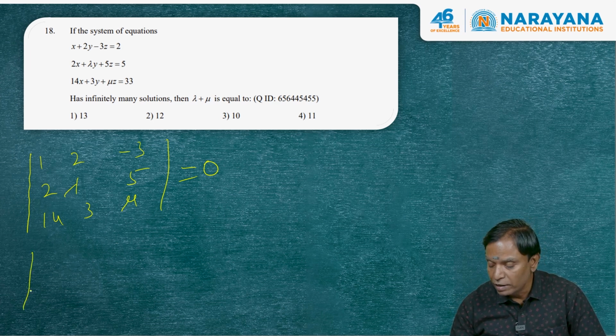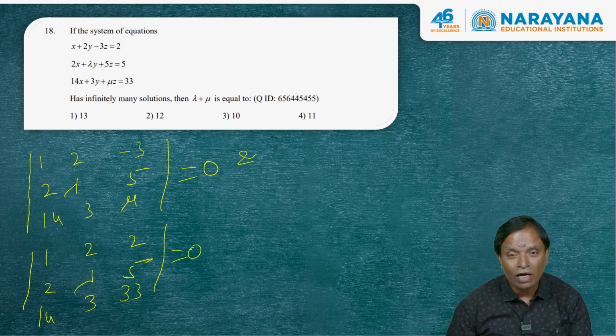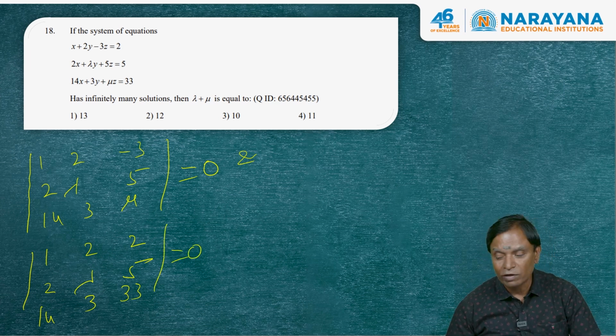Similarly, your second determinant 1, 2, 2, 2, lambda, 5, 14, 3, 33, this must be equal to 0. Now solve these two equations, get the values of lambda and mu.